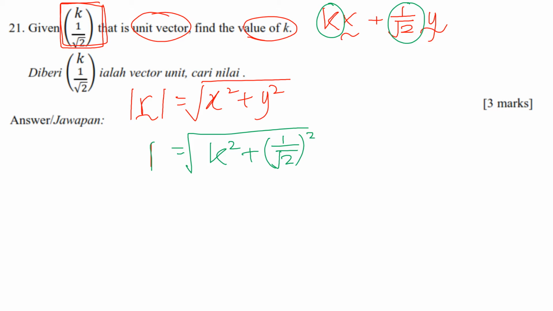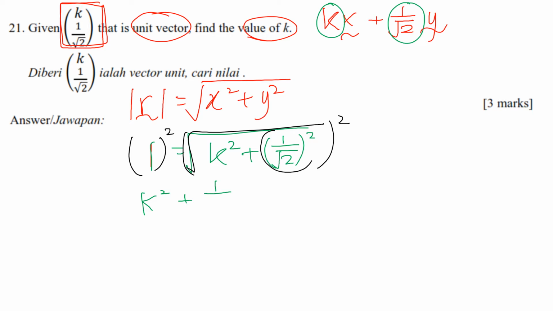Remove the square root by squaring both sides. So I should have my equation as k squared plus 1 over 2, because this is squared, you have it as 1 over 2, equals to 1. A bit messy.